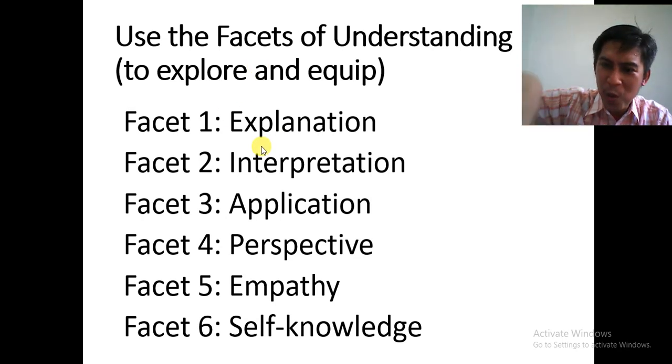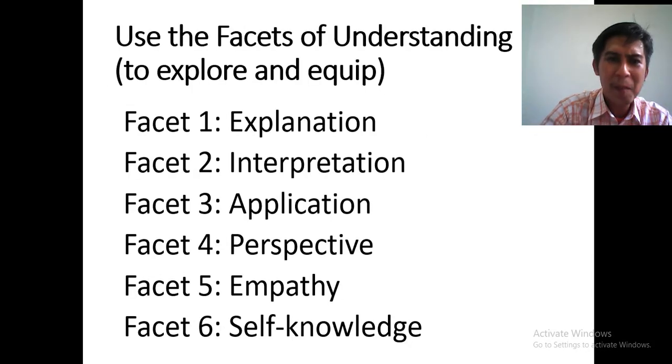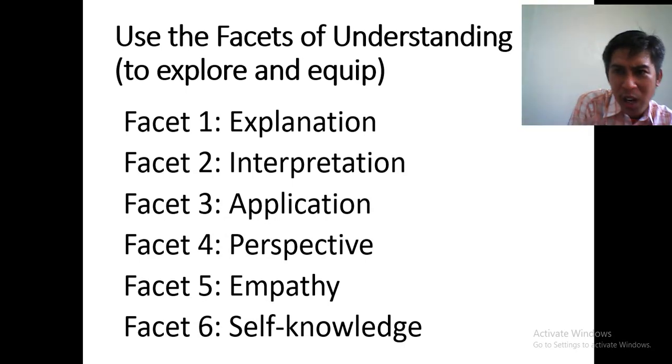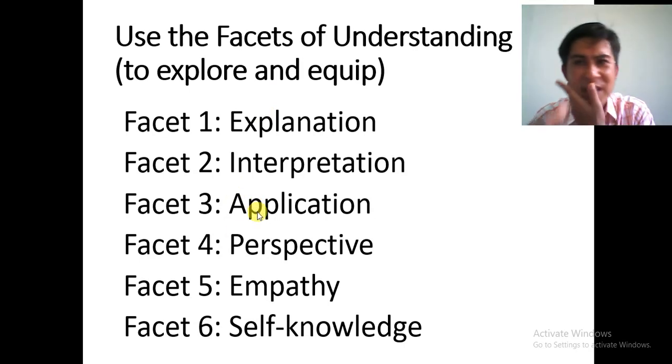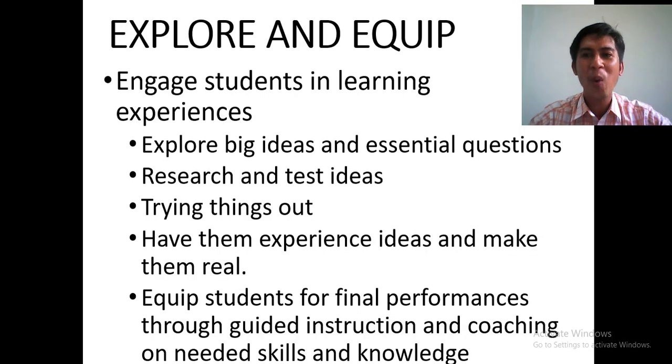In the explore and equip, let them explain, let them interpret, let students apply. Share, take a look at perspectives. Okay, review these principles. So many online. Then strategies that you can use. Then when you do that, class will be on explore and equip.